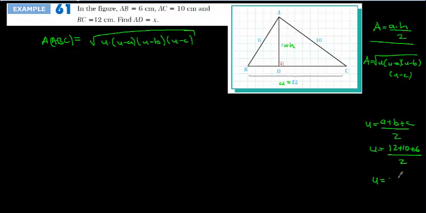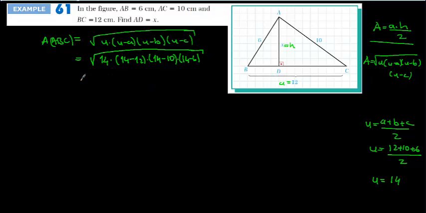U is equal to 14. So it's going to be equal to 14 times 14 minus 12 times 14 minus 10 times 14 minus 6.